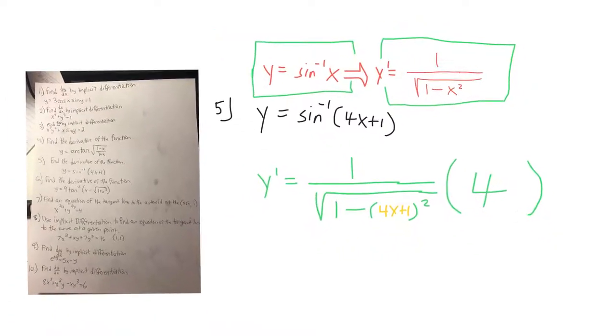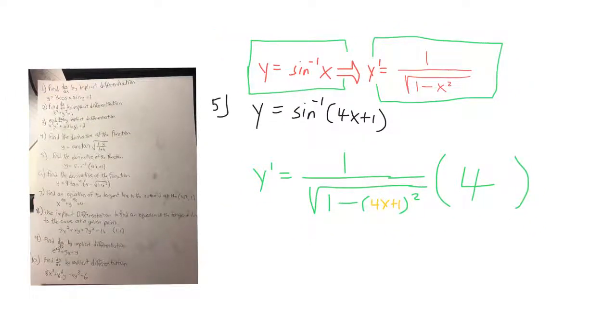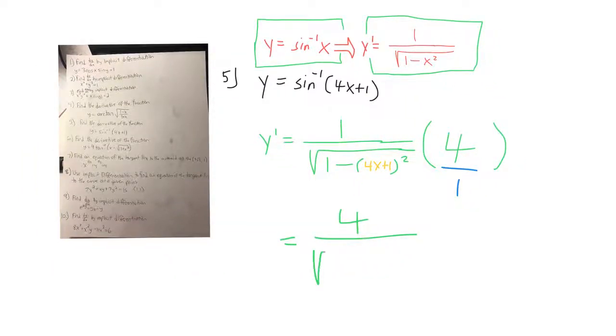This one is just, thank God, much easier than the last one that we just did. 4 is secretly 4 over 1. So this is really just a fraction times a fraction. So you just multiply the numerators straight across. That ends up becoming just 4 up top. And then down below, we have this 1 minus 4x plus 1 squared.